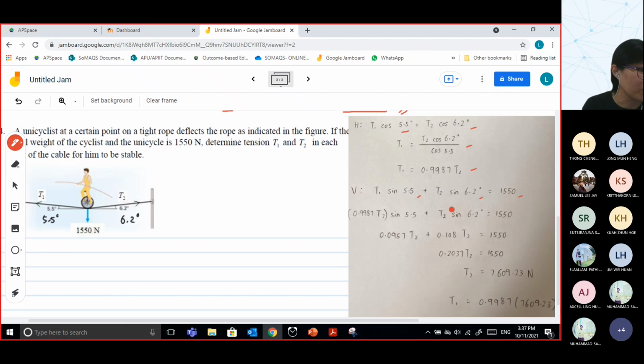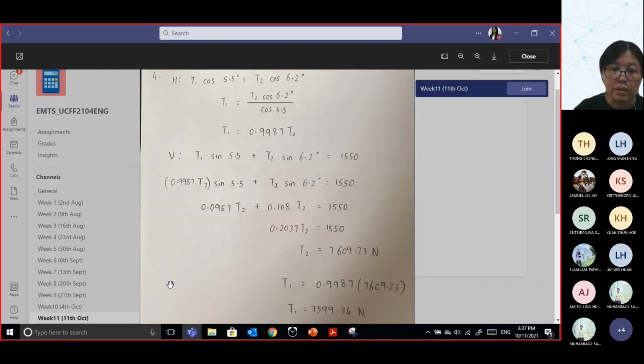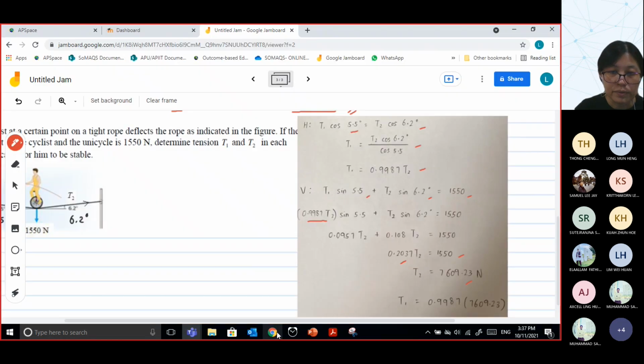Then substitute and calculate, you get 0.2037. So calculating, you get T2 as 7609. Yes, correct. Then substitute for T1. I mixed up his answer, it is 7599.34.